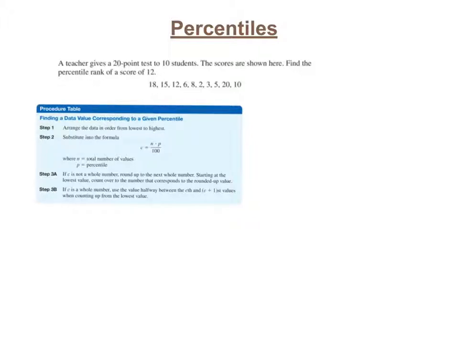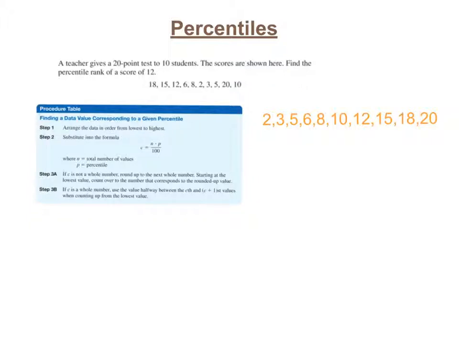So I want to find the 80th percentile. So here's how I'm going to do it. I'm going to arrange the numbers in order again. That's the first important step. So I got them all ordered here. That's great. And now, next thing says substitute into the formula. So let's count.